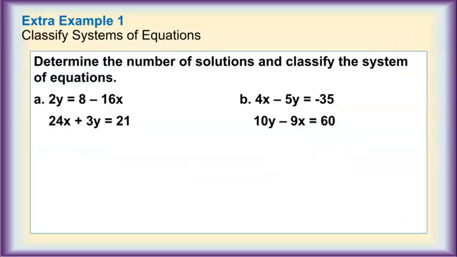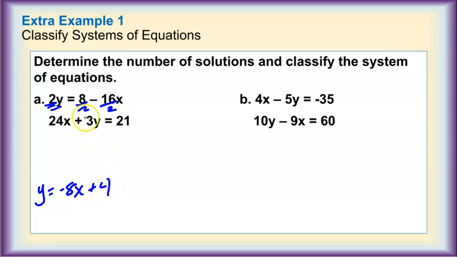Now our last two examples. Okay, so we're going to put it into y equals mx plus b so we can determine the slope and if the y-intercepts are the same. So this top one, I'm just going to divide everything by 2 to get y by itself. And that's going to give me y equals, I'm going to put the slope first, so that's a negative 8x plus 4.